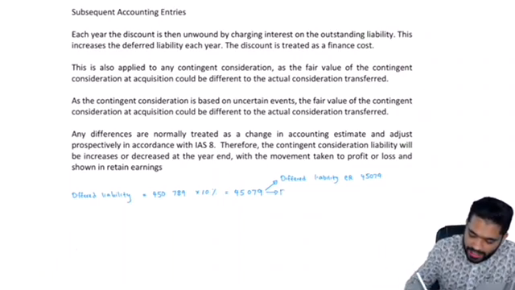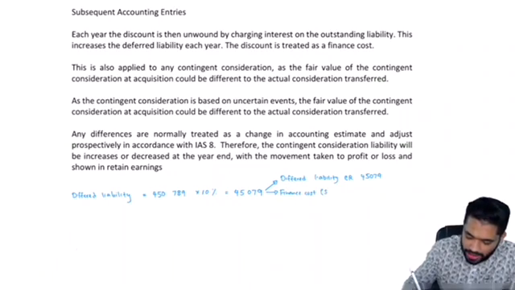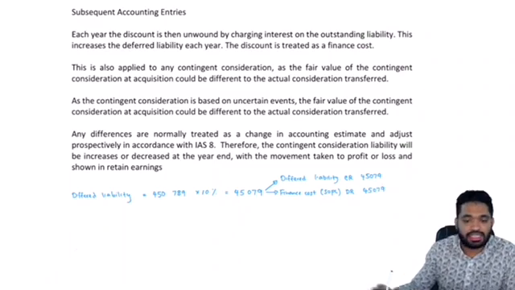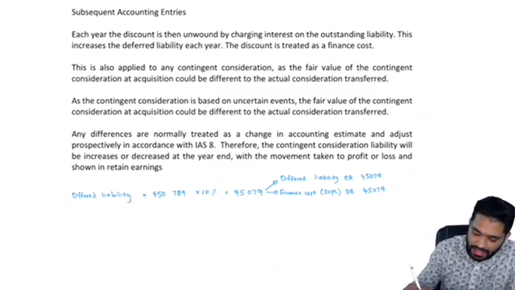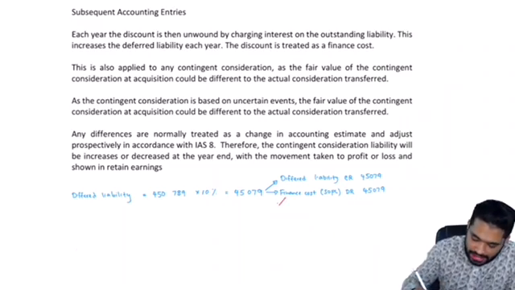So your finance cost in your statement of profit or loss is going to get debited by 45,079.